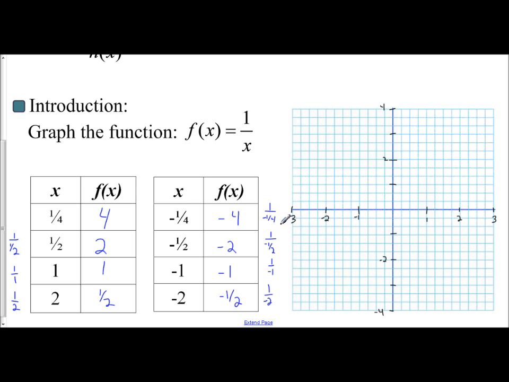Now I'm going to plot my points. At positive 1/4, right here, I am all the way up at 4. At 1/2, I am at 2. At 1, I am at 1. At 2, I am at 1/2.